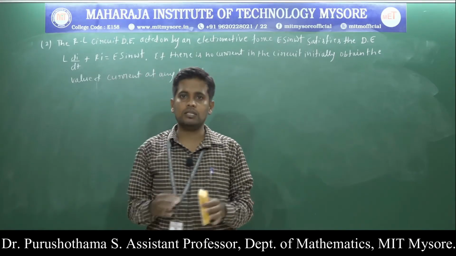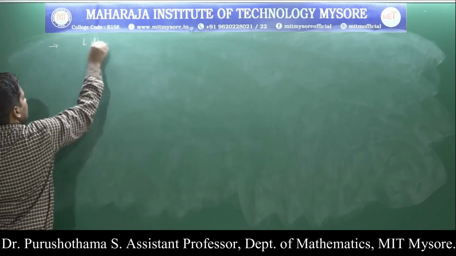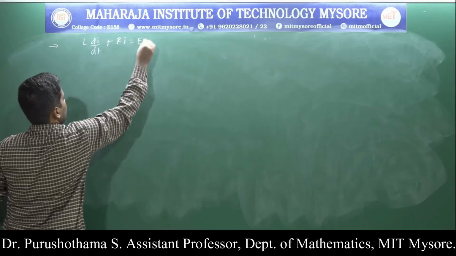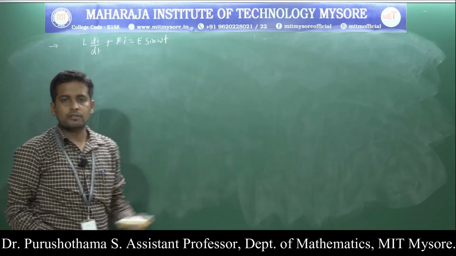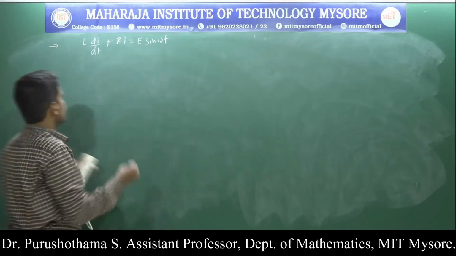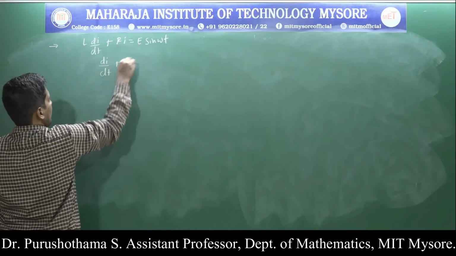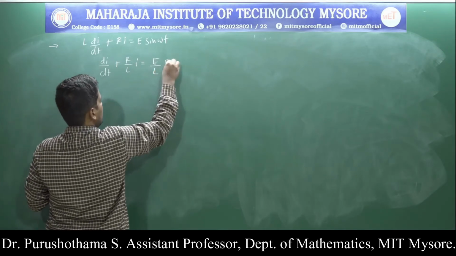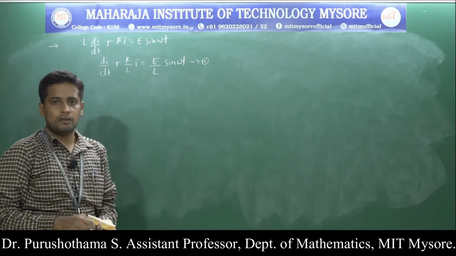Write the given equation L·di/dt + R·I = E sin ωt, which is the same as di/dt + (R/L)·I = (E/L)·sin ωt. Call it equation 1.